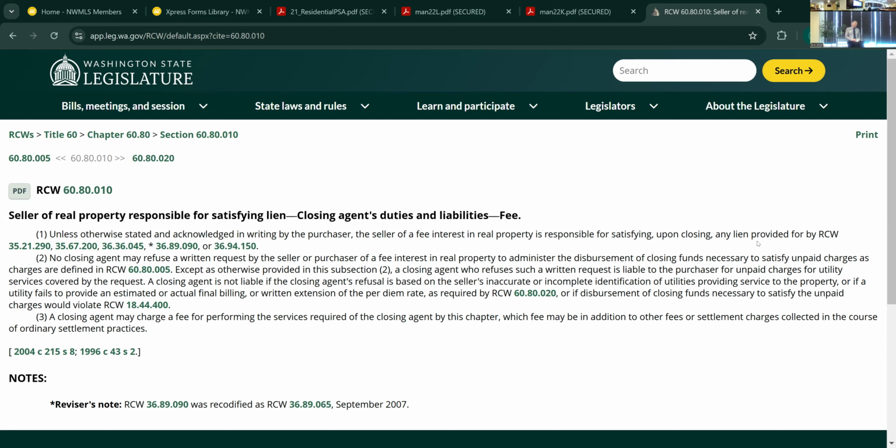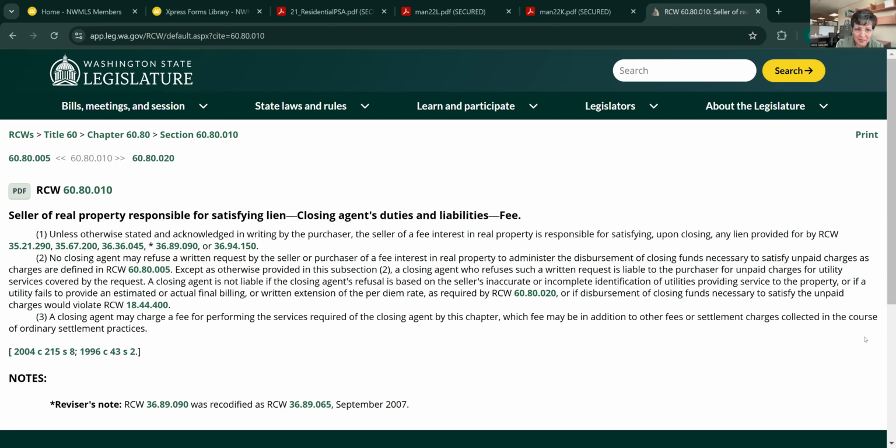So that's the main piece of the Revised Code of Washington on the duties of a closing agent and what they're supposed to do. Did you guys catch that one key thing? What was something that you heard throughout where, if that thing's not done, then they don't have to do it?